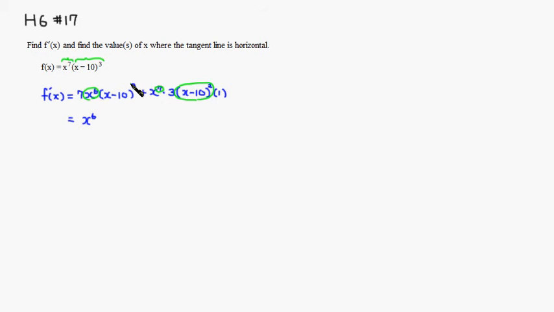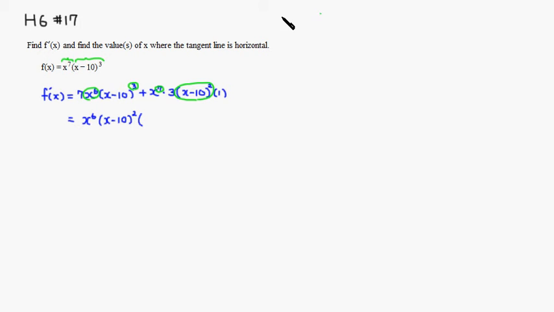There are 3 of them here, so I'll circle this so that I know that there's one more left. So it's a quantity x minus 10 squared. And then collect what's left.